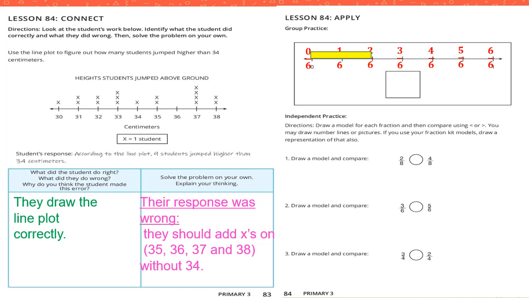The first way, is it crazy fractions or normal fractions? It's normal fractions. Why? Because the denominators are the same. So, which is bigger, 4 or 2 in normal? Yes, 4. So, 4 over 8 is bigger than 2 over 8.